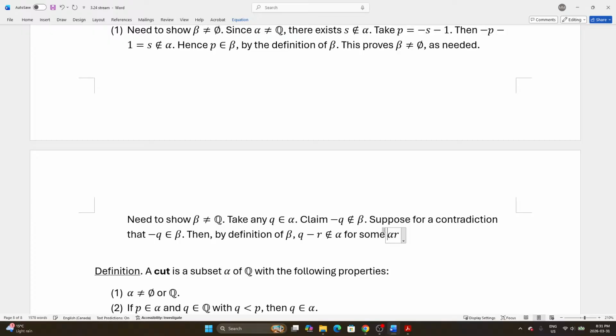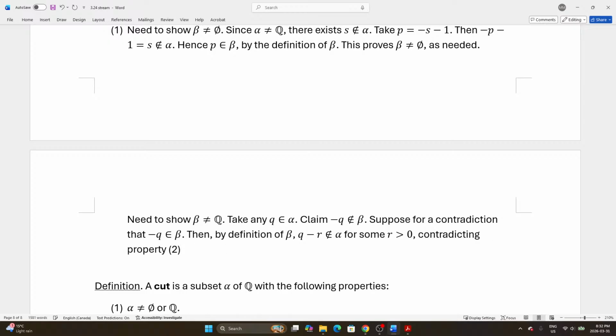So here we have found the contradiction, contradicting property 2 of cuts. So that's it. Therefore minus Q is not in beta as claimed.